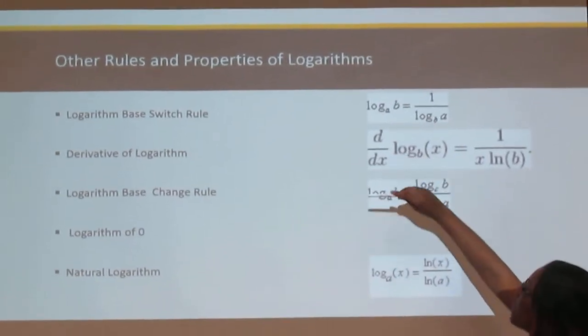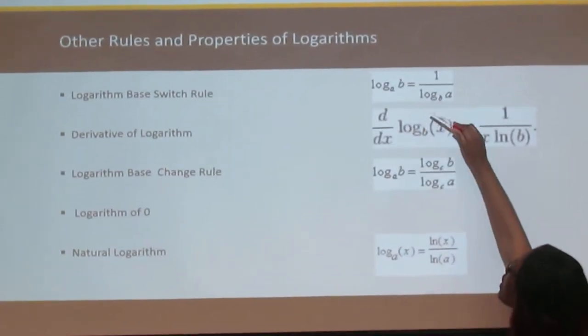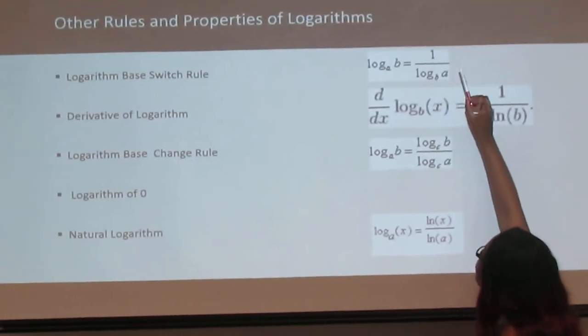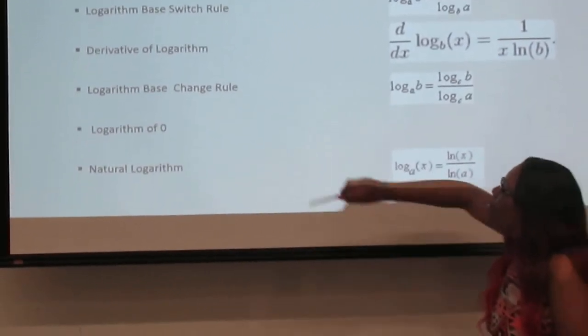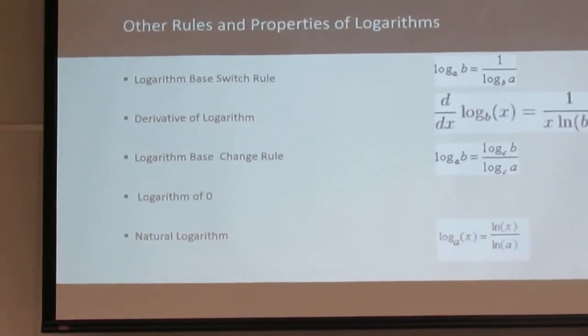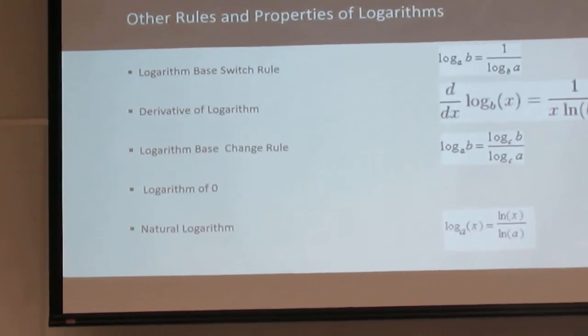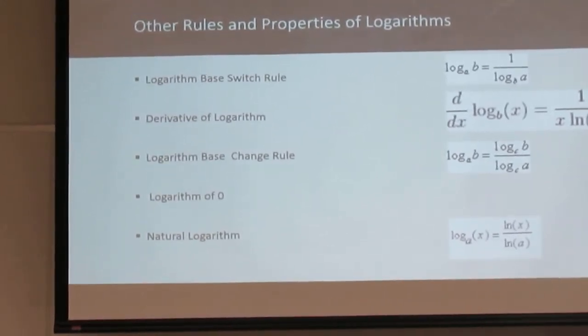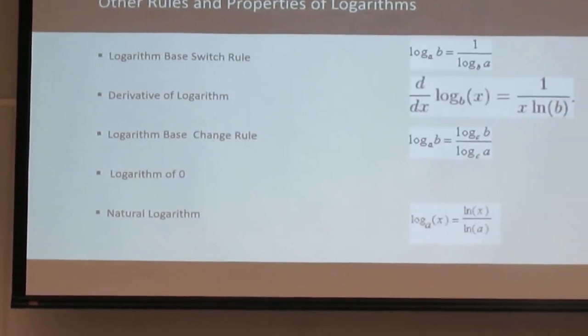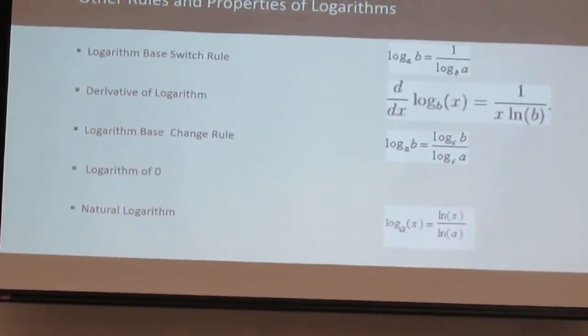It's log base a of b equals 1 over log base b of a. The derivative of logarithms is basically 1 over the natural log of x. Whenever you think of the derivative of logarithm, that's what you think of.